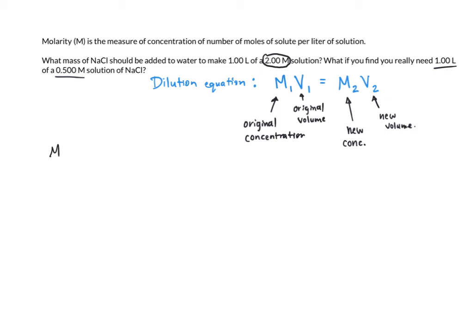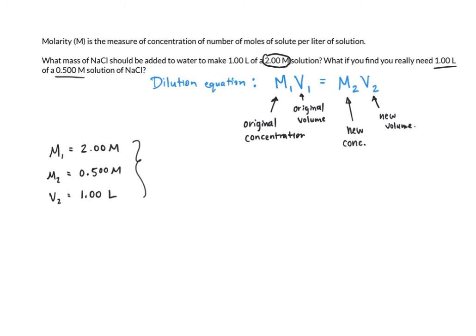In other words, I know an original concentration was 2 molar. A new concentration that we're targeting is 0.5 molar. And the new volume that we'd like that represents that 0.5 molar concentration is 1 liter.